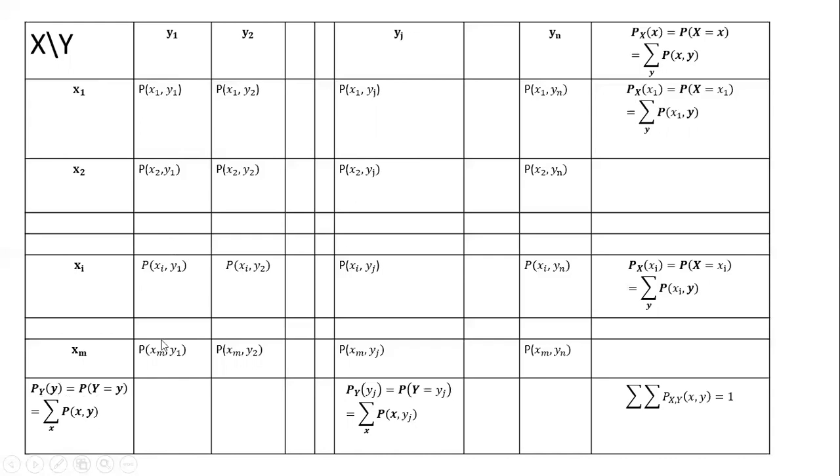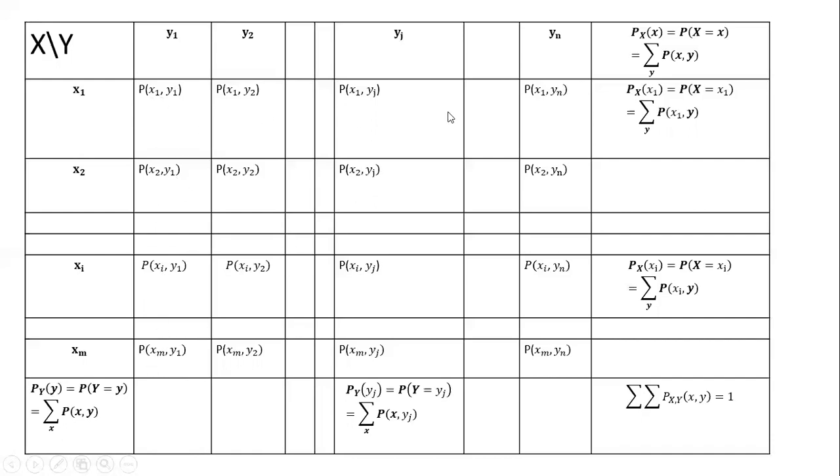If I add probability of x1 comma y1, plus probability of x2 comma y1, plus probability of x3 comma y1, and so on up to probability of xm comma y1, it is called the probability of y1. So this is called the marginal probability of y1.